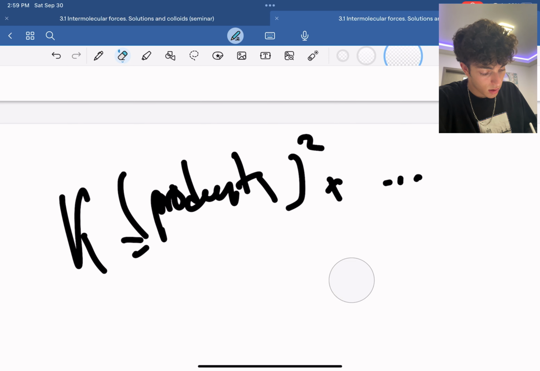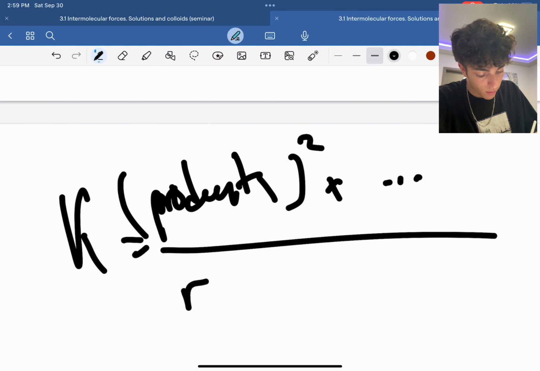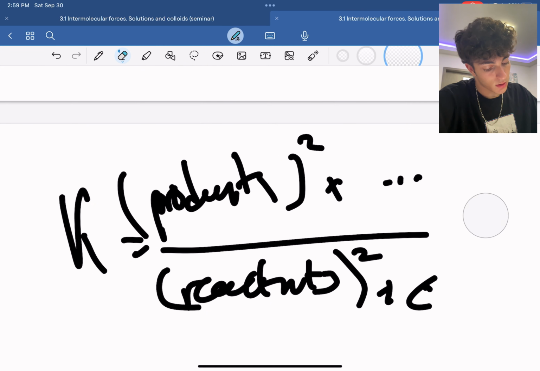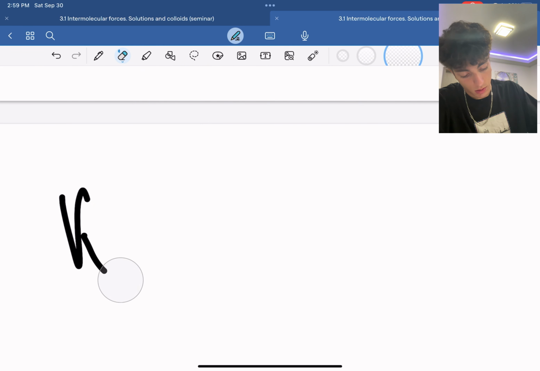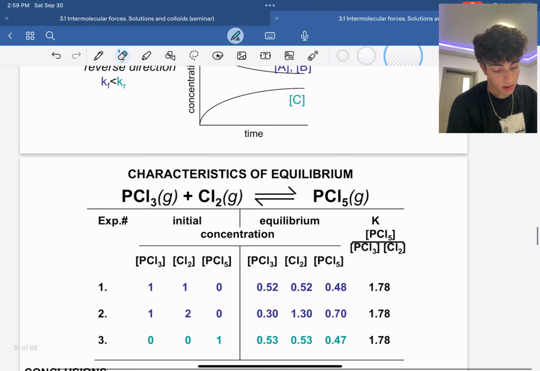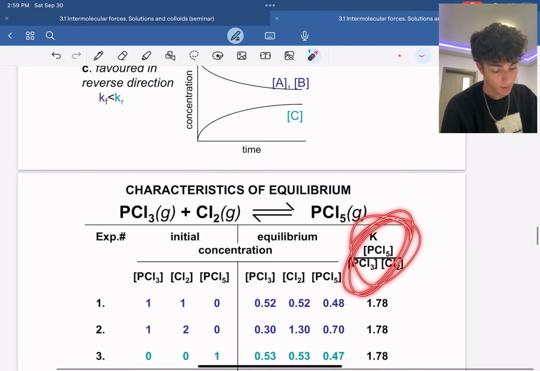And this would be over the reactants times other reactants, if there are any, each raised to its molar coefficient, okay? So that's how you find the equilibrium constant.